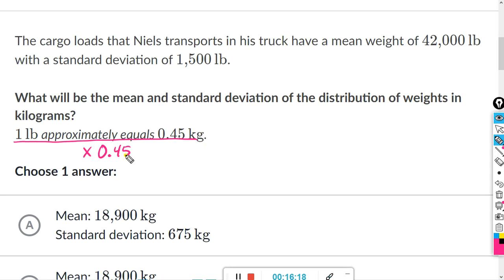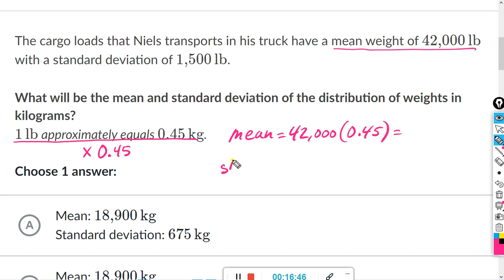Multiplication affects both standard deviation and mean. So start with the mean of 42,000, and that's going to be times 0.45. I'll do that in a minute.